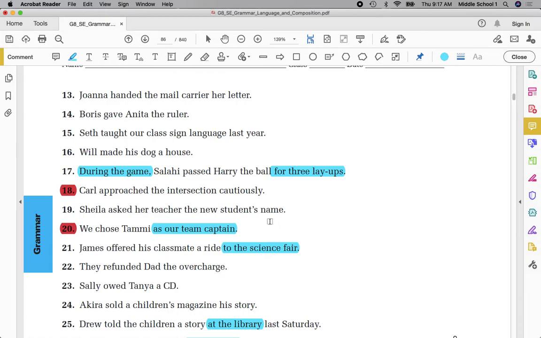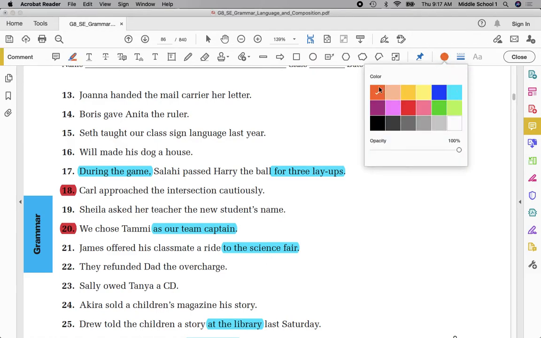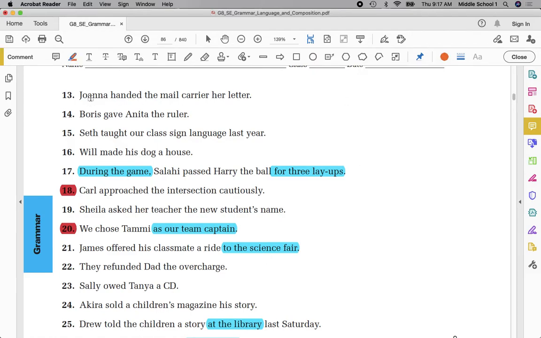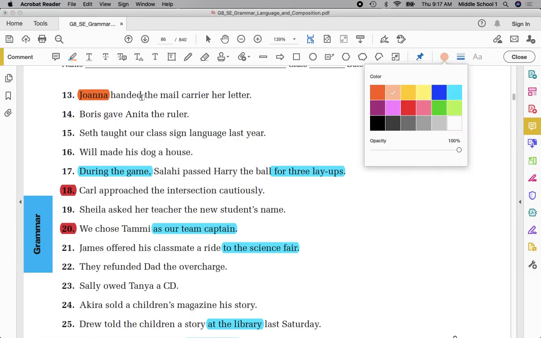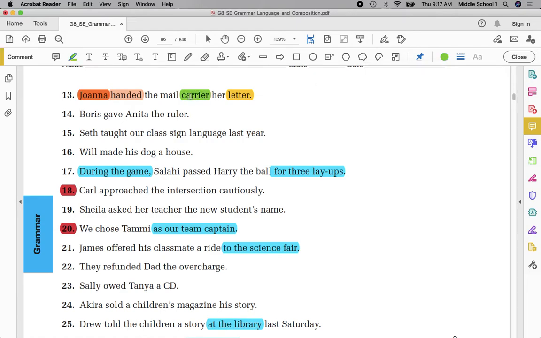Let's take a look at a couple of more examples. Number 13. Joanna handed what? Letter. To whom or for whom? The mail carrier.